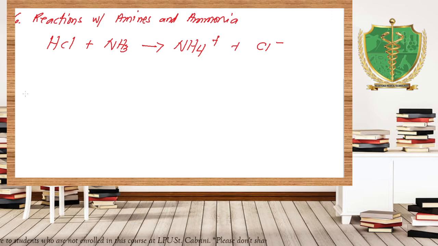But let's say, for example, we have hydrochloric acid plus methylamine, CH3NH2. CH3NH2 is an example of an organic compound which is an amine.